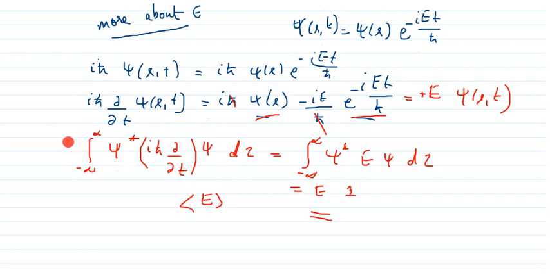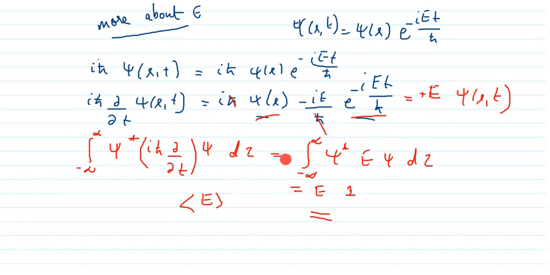So if you observe it closely, this actually represents the expectation value of energy operator. This is the definition. So i h cut dou by dou t represents energy operator. So this can be written as expectation of energy. And on the right hand side you have, we had this one.